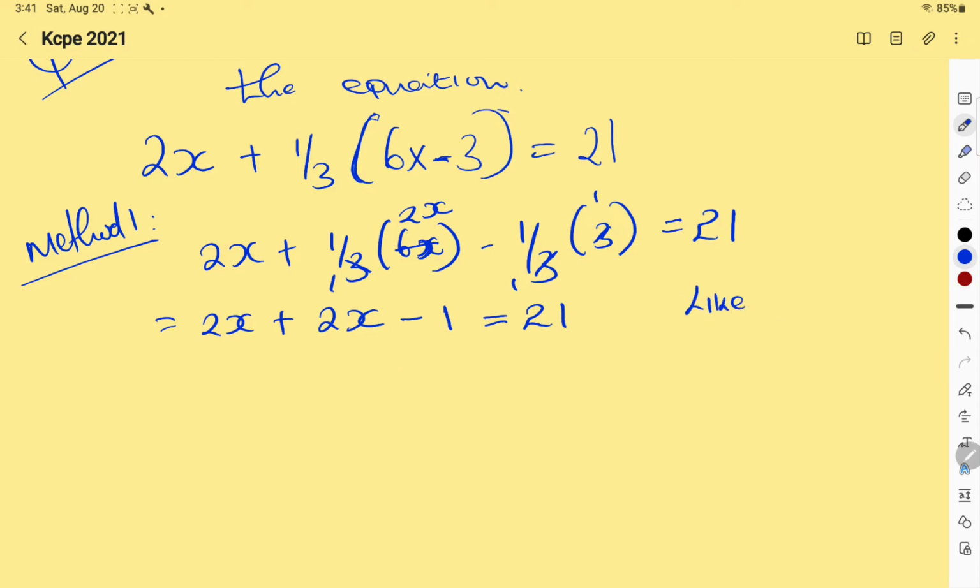Now the next thing is we put like terms. We call them like terms. Like 2x and 2x are like terms. So 2x plus 2x will be 4x, minus 1 is equal to 21. Now you want to be left with x on this side.